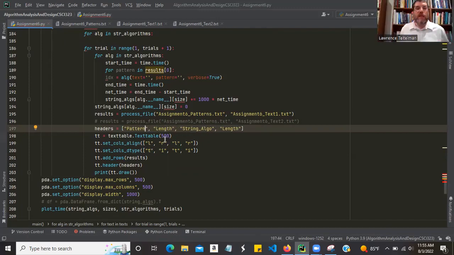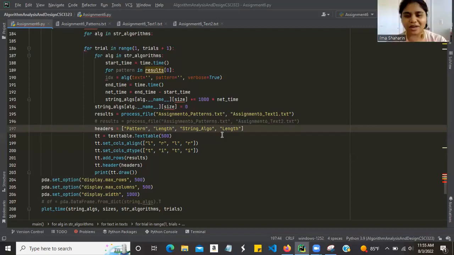And instead of length, if you say length there, it's pretty clear that means the pattern length. So what is the other length? Is that the text? It's the output, like from the text. It's the position? Yeah, position. So call it position then.